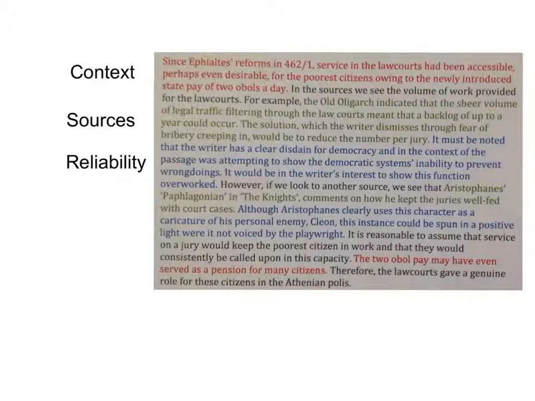The first thing I do is I perhaps slightly challenge the Old Oligarch's statement by saying, well, perhaps he's showing the inability of the law courts because they are a democratic institution, and we know that the Old Oligarch has a disdain for democracy, being an oligarch, or at least we assume from his writing. So he would want to show the function as overworked because it therefore shows a weakness in the system.